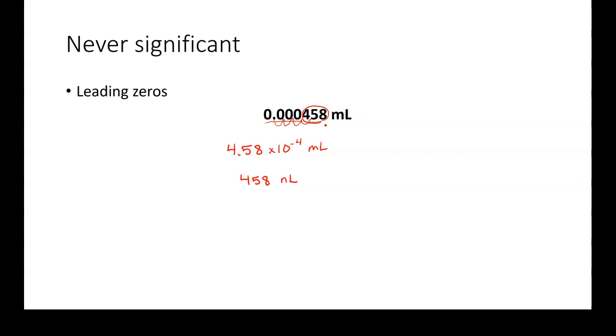So there's 1,000 milliliters in a liter, and there are a billion nanoliters in a liter. If I were to move the decimal place 6 spots to the right, from milliliters, I would have 458 nanoliters. Because I can do this, that's a hint that these are not significant, because the only purpose of those zeros is to show me where the decimal place is. I don't know anything about what should be in that place.